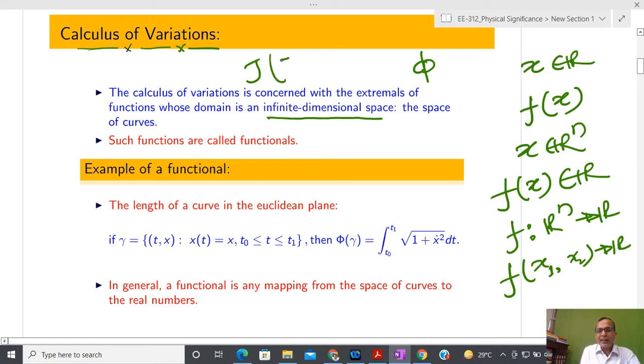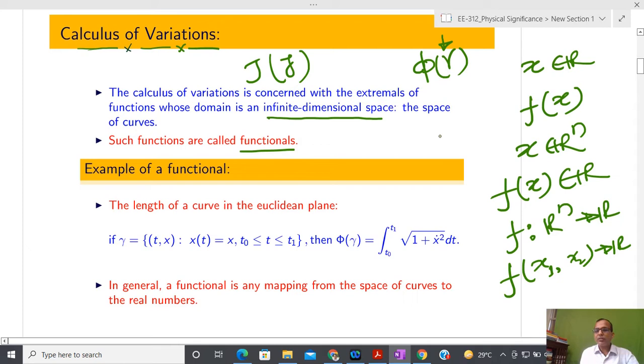Whatever symbol I use, the same symbol phi of gamma you can see here. So now the argument is not a column vector, it is a function. So what kind of function are we going to talk about? Functions of functions, and that is called a functional.